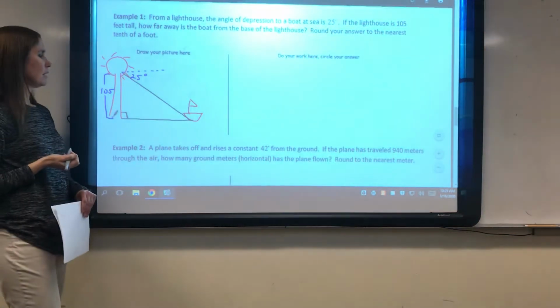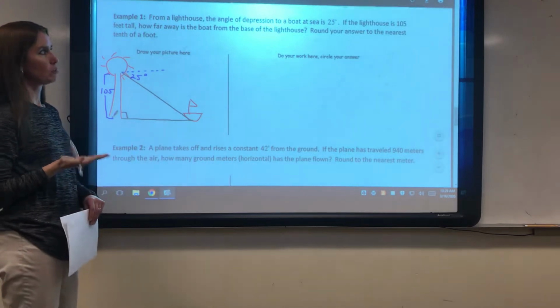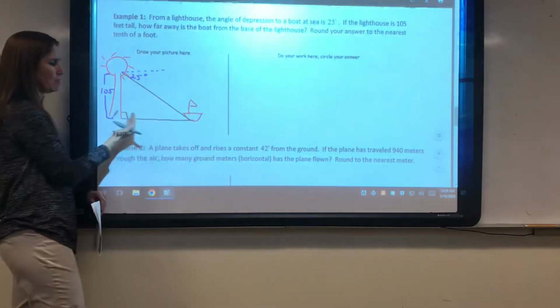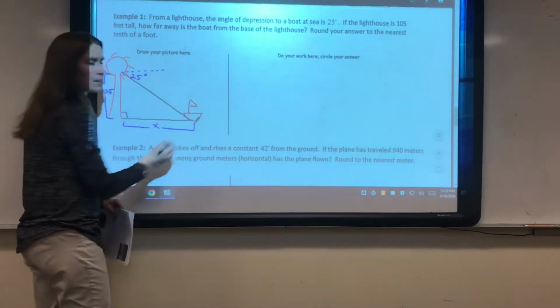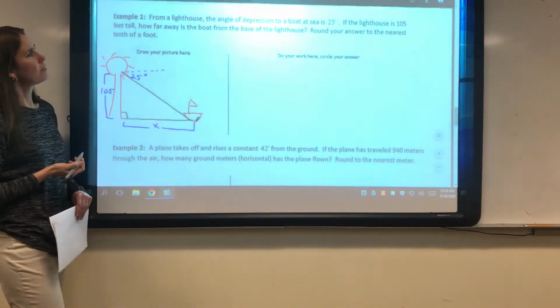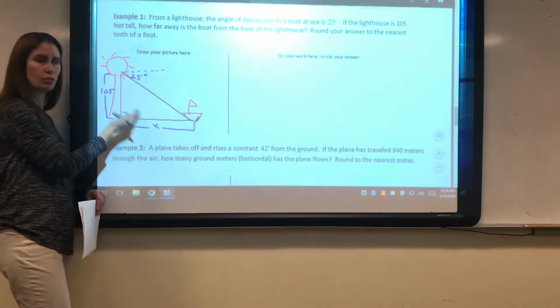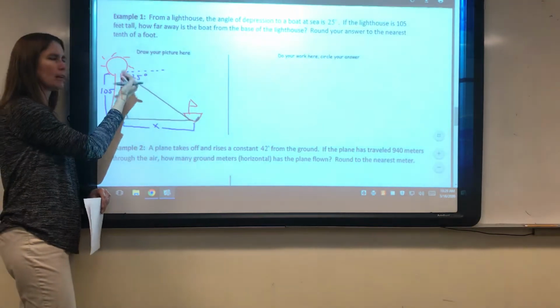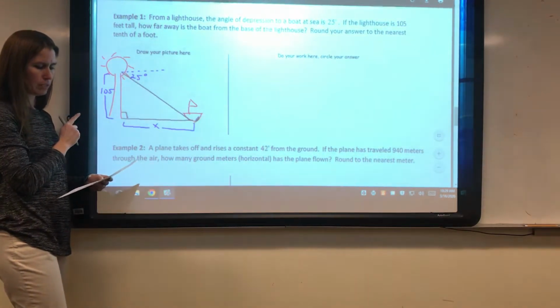Okay, and how far away is the boat from the base or bottom of the lighthouse? So boat to the bottom of the lighthouse is referring to this length, which is x. All right, from there, round your answer to the nearest tenth of a foot. So in this case, these are two things that I know, and I know this angle, but I want to get that angle into the picture. So again, two different ways to think of it.